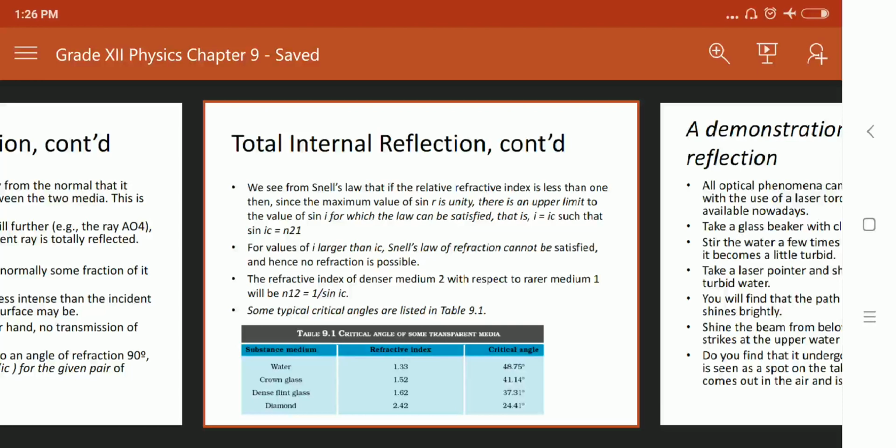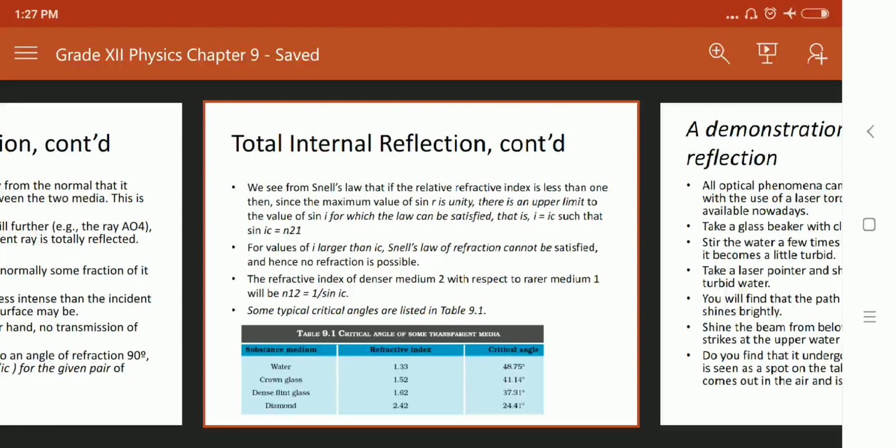Dense flint glass has a refractive index of 1.62 and critical angle of 37.31 degrees. And diamond has the maximum refractive index of all four, 2.42, and its critical angle is the minimum, 24.41 degrees.